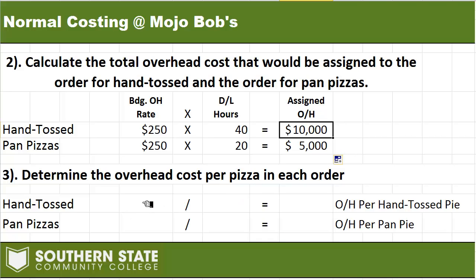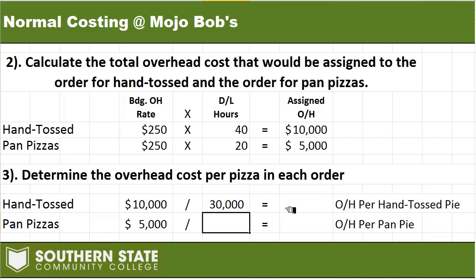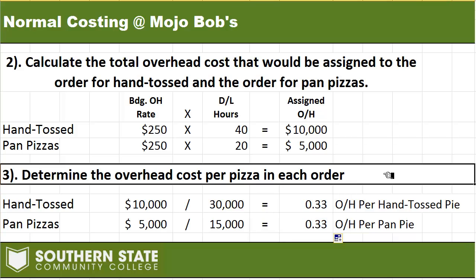Number 3, if we're going to determine an overhead cost per pizza, all we really have to do is take those amounts and divide them by the number of pizzas that we're going to make. We had an order for 30,000 hand-tossed and 15,000 pan pizzas. So all we're going to do is take our total assigned overhead and divide it by the number of units we're making.